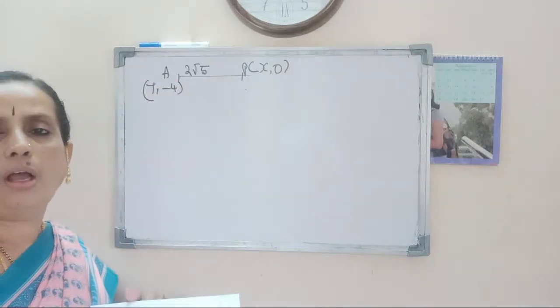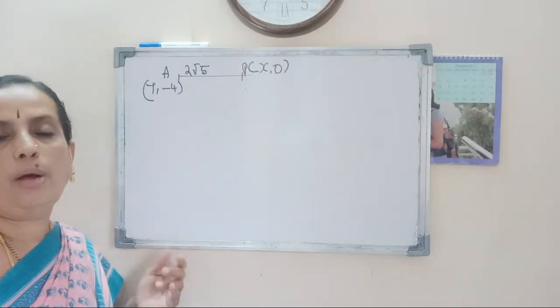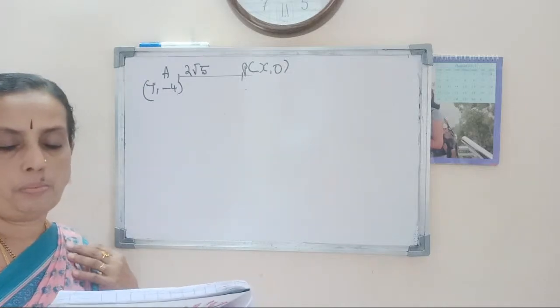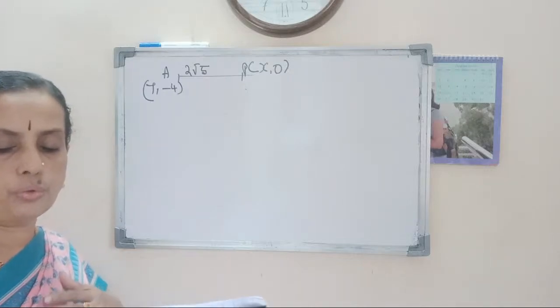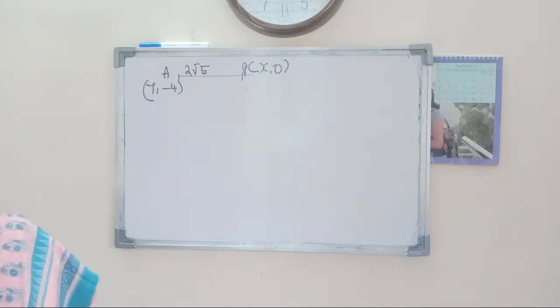That means if you have two x values, then 2 comma 0, 3 comma 0, like that you have to mention. Find the points on the x-axis which are at a distance of 2 root 5 from the point 7 comma minus 4.